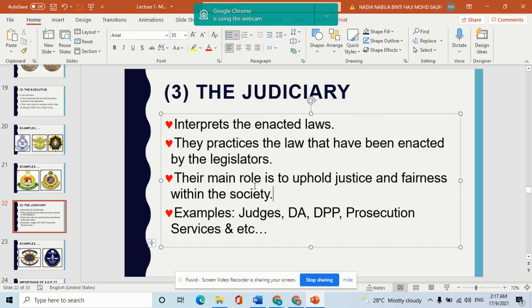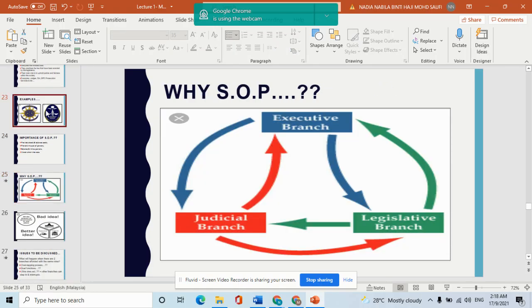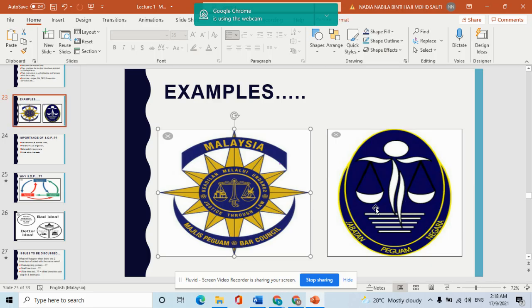As an example, if you ask me, Madam, what about lawyers? Lawyers as well. They'll be under the judiciary as well. All the law drafters as well. They're all here in the judiciary. So who are they? Examples here: Bar Council, Majlis Peguam Negara, or Jabatan Peguam Negara.